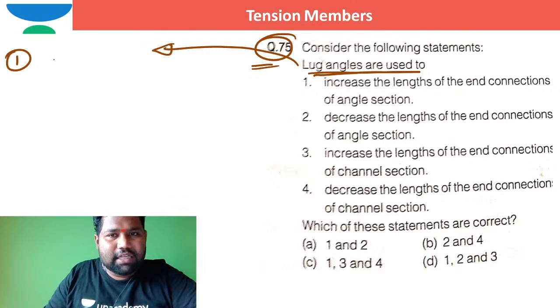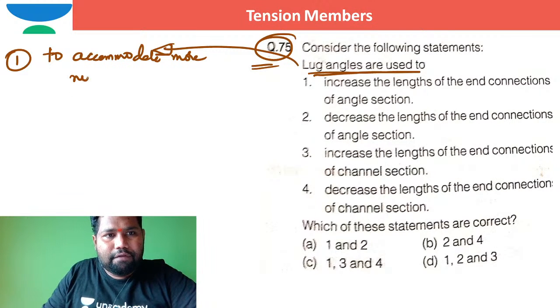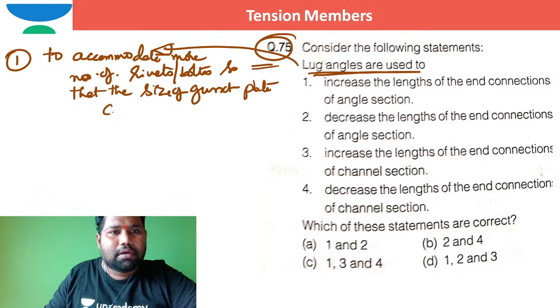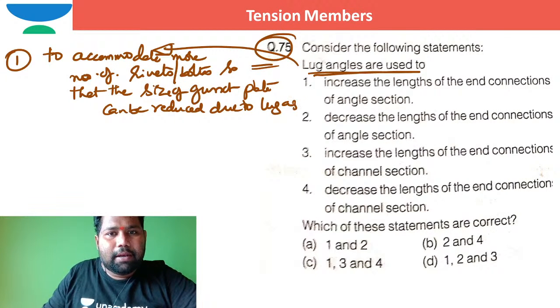So the main advantage or main interest for this lug angle is to accommodate more number of rivets or bolts, so that the size of gusset plate can be reduced due to lug angle.